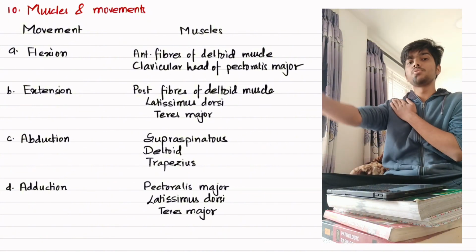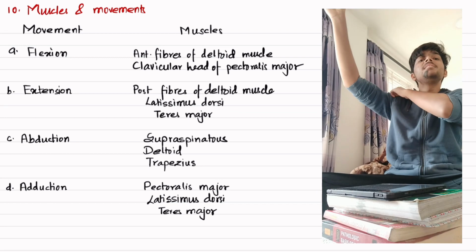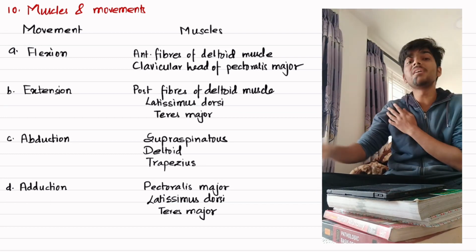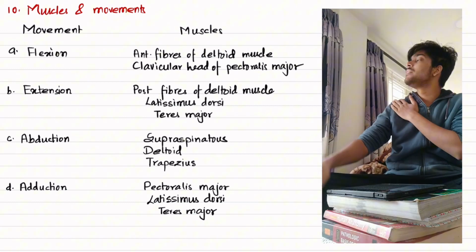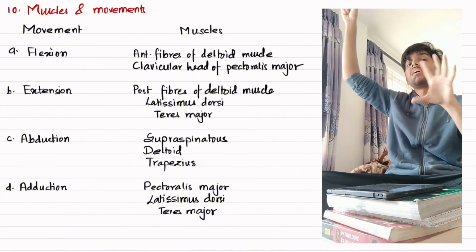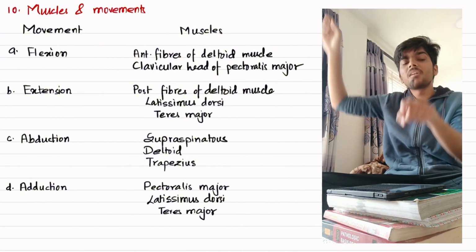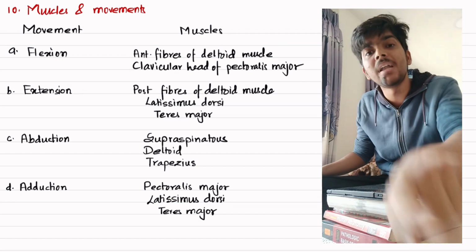Do the flexion of the shoulder joint and then visualize or imagine the muscles that are contracting. You can use a resistance or simply imagine a resistance against that muscle and then flex it. While you are flexing it, imagine the muscles that are contracting, because the muscles that are contracting are going to be the muscles that are responsible for that particular movement as well.